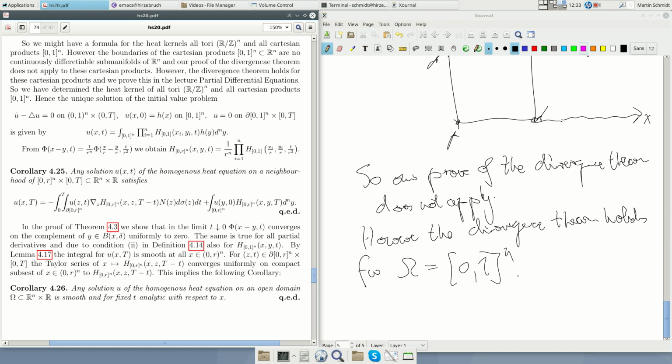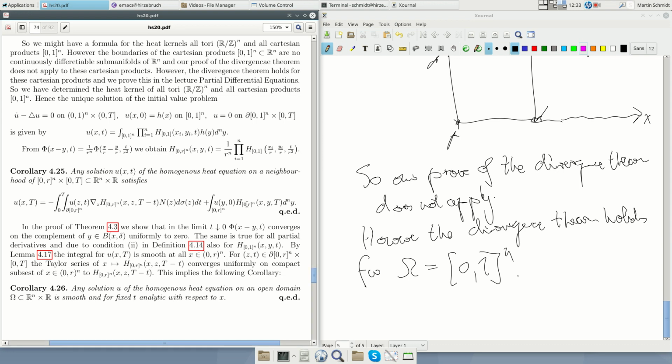This follows from our general formulas for the heat equation and also for the heat kernel. We derived this formula for the heat kernel, and it has a nice consequence.